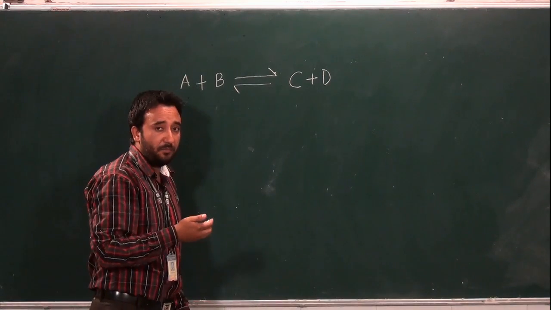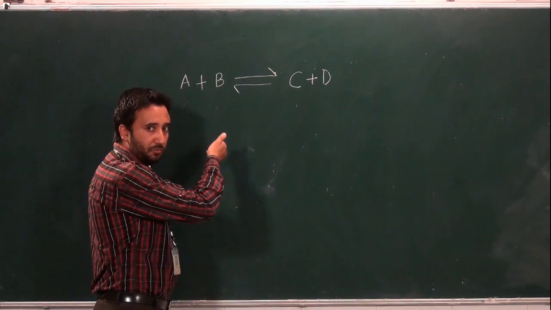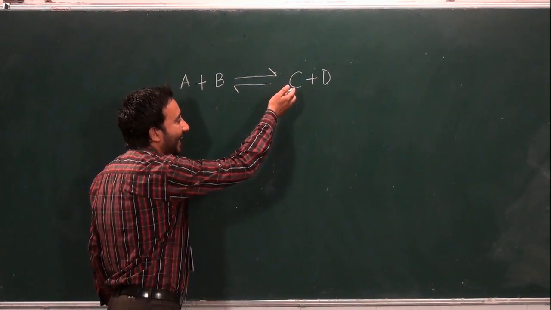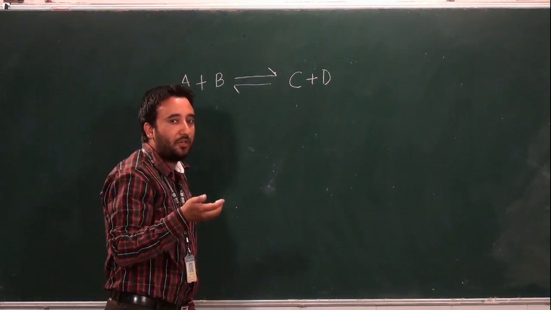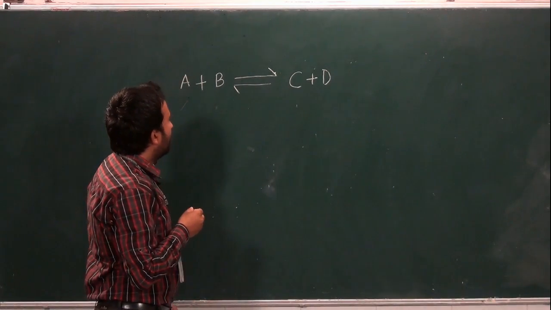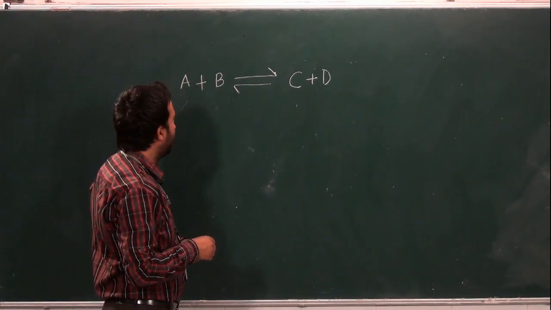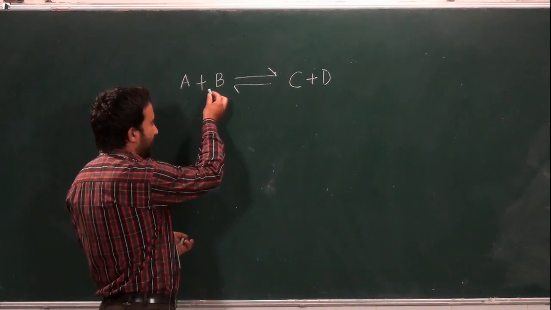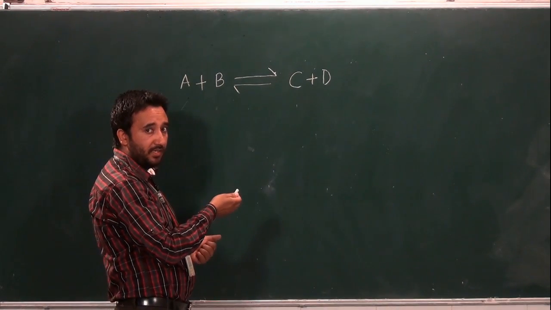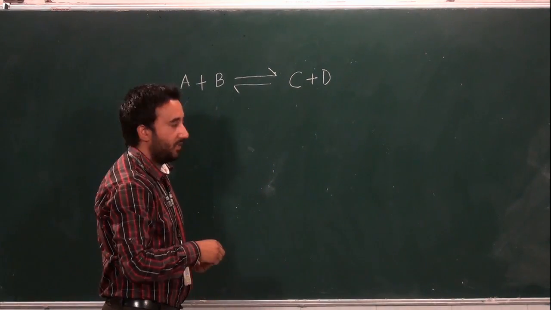With the passage of time, what will happen? More and more A and B will get consumed and C and D will get formed accordingly. A plus B will get consumed, and C and D will get formed.